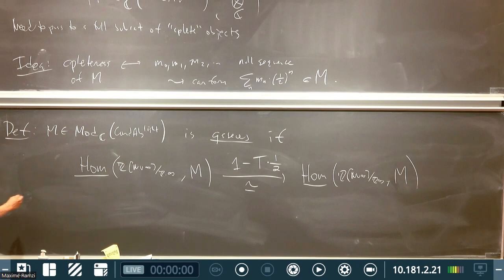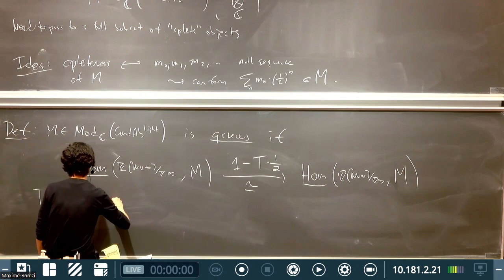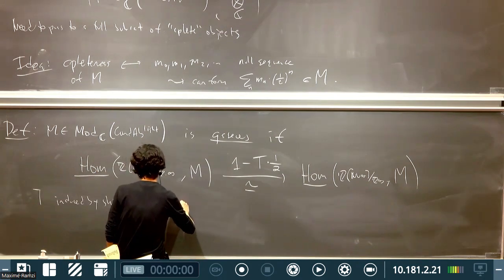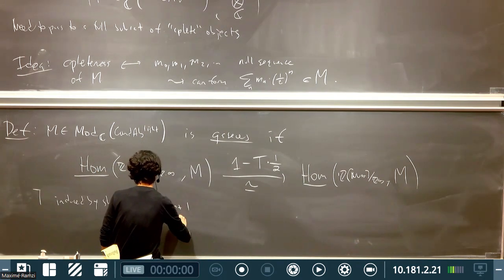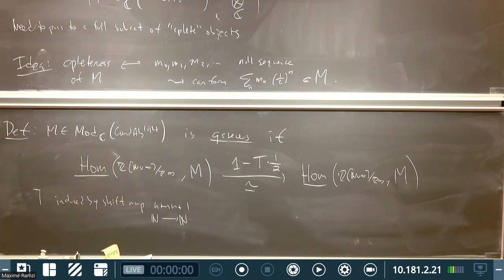And this T is induced by the shift map, n goes to n plus 1 from N to N, which extends to this thing here.